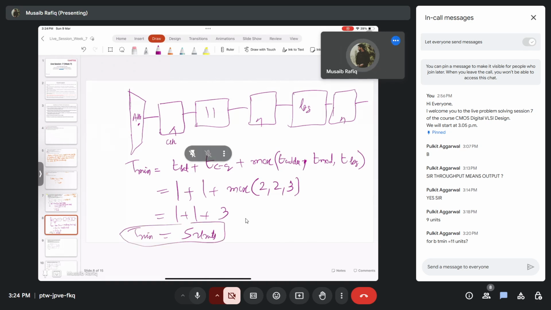If you want to know the nitty-gritties of this example, you can refer to the example on page 359. I don't know the version, but you can refer to section 7.5. There, this example is given where you can understand in much more detail.